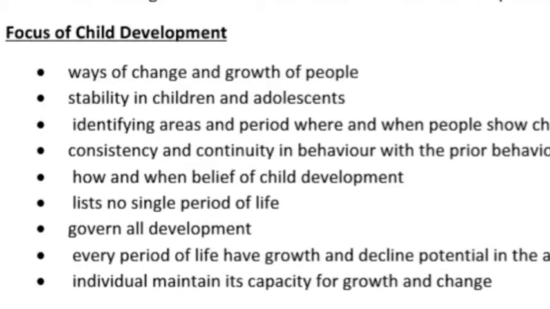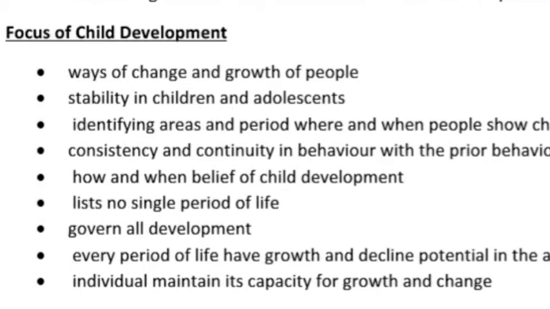Then we discuss the focus of child development. It focuses on ways of change and growth of people. It also focuses on stability in children and adolescents, means how and when children become stable and how and when adolescents become stable. It tries to identify areas and periods where and when people show changes.